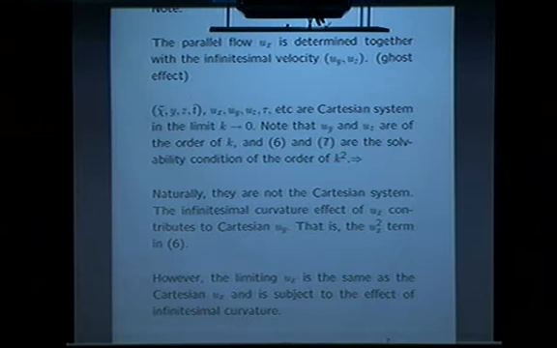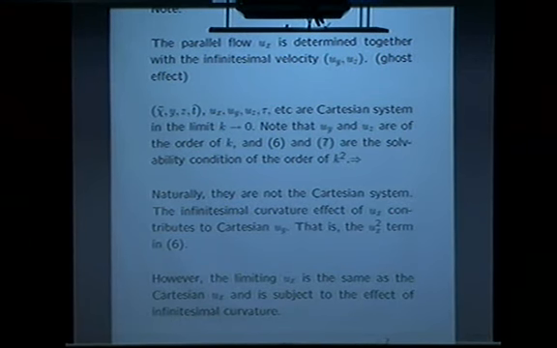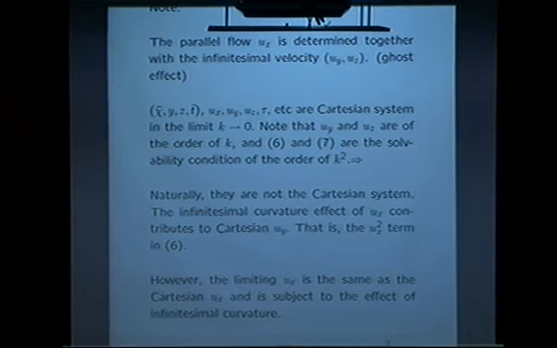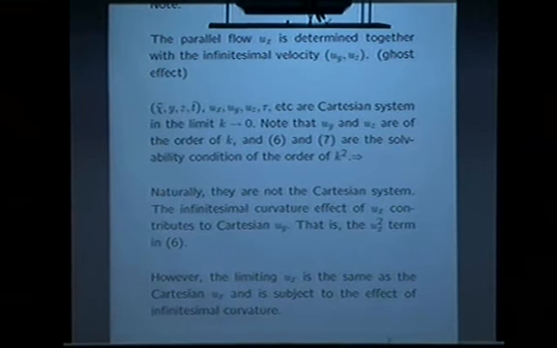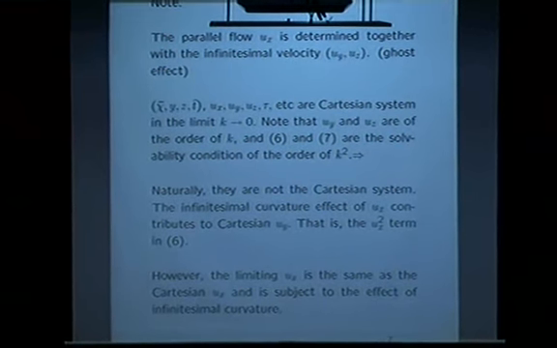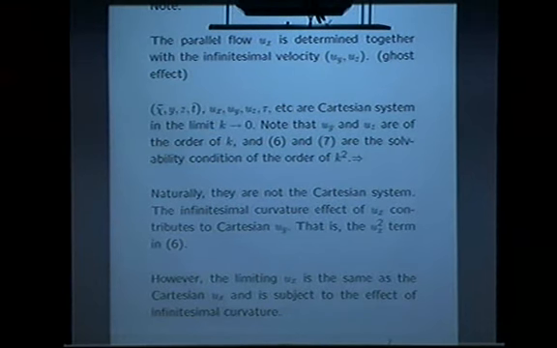And note that these are the Cartesian system in the limit of k tending to 0. Note that these are of the order of k, and the momentum equations in the y and z directions are from the solvability condition of the order Knudsen number. Then naturally they are not the Cartesian systems.